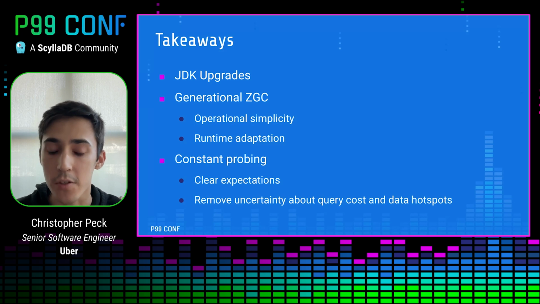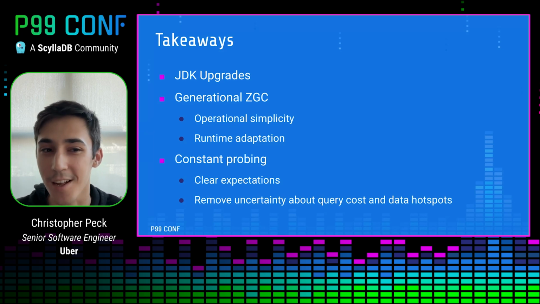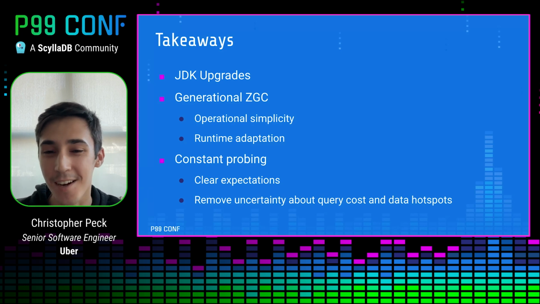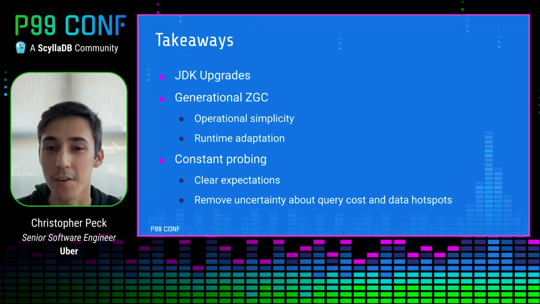We found the operational simplicity is really hard to express, because with Pinot we have so many different index types. People are changing indexes, they're adding columns. All of these things change GC patterns, and it's not efficient if people have to go in and do some GC tuning every time that's done. Having one GC that self-tunes simplifies our day-to-day work a lot.